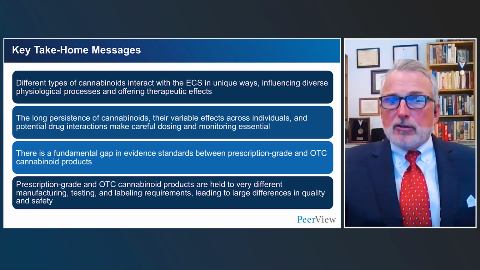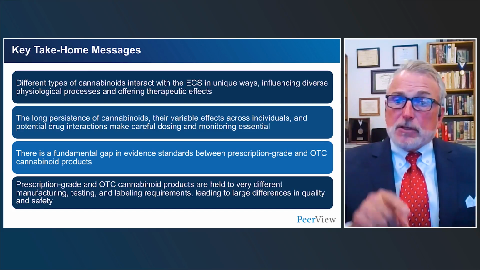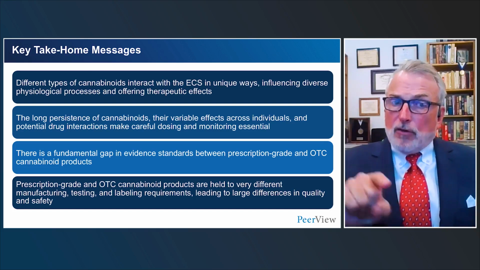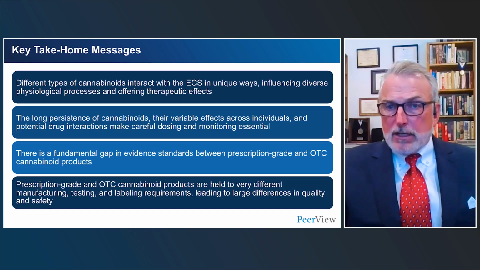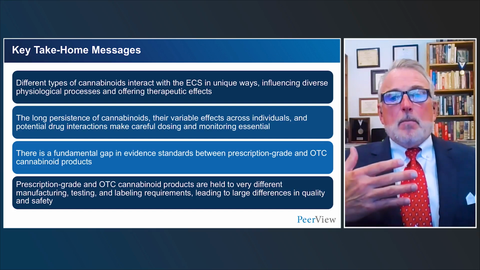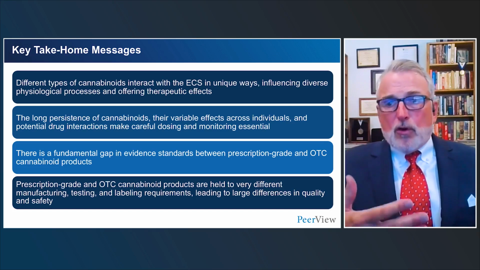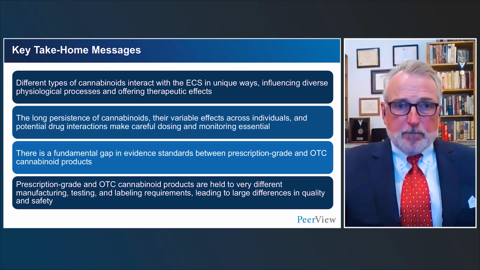There is a fundamental gap in the evidence standards between prescription grade and over-the-counter grade cannabinoid products that we must inform our patient population of.